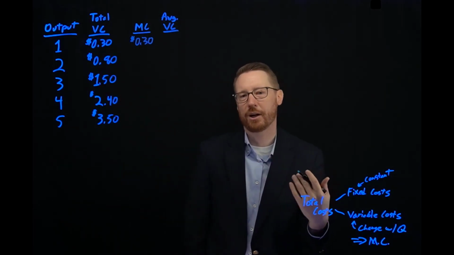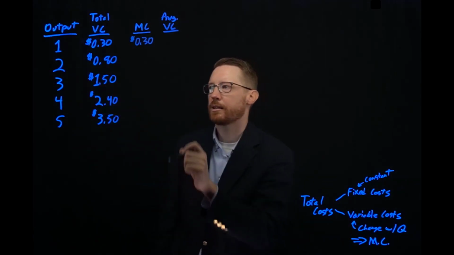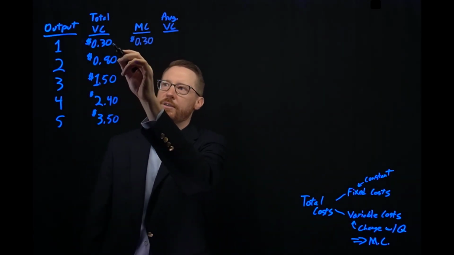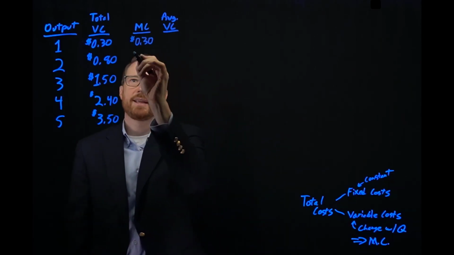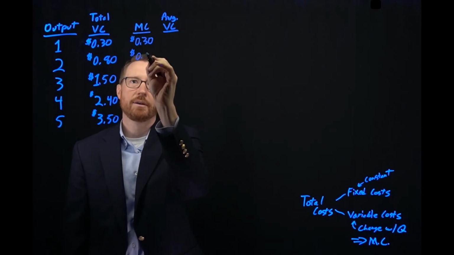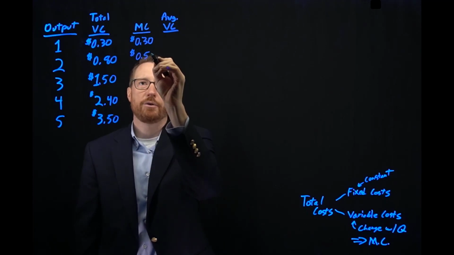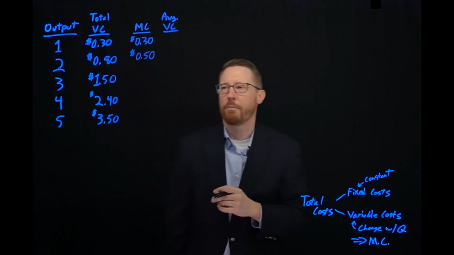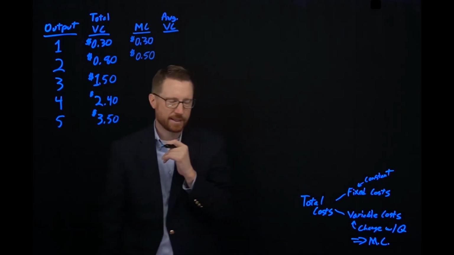So how much additional cost was there of producing this second cup? So the first cup cost us 30 cents. If 2 cups cost us 80 cents, that means that this marginal cost must be the difference, right? It's the change in our total for another unit of output. So what's our marginal cost of this second cup? It's going to be 50 cents.